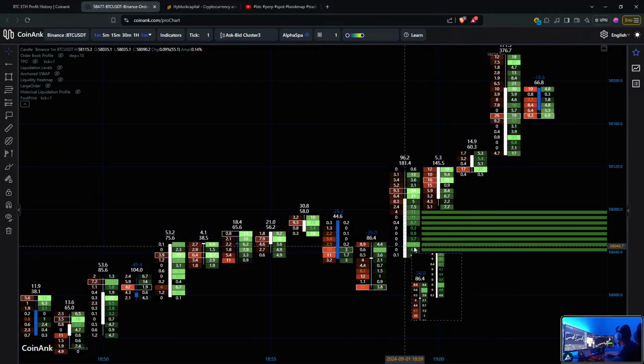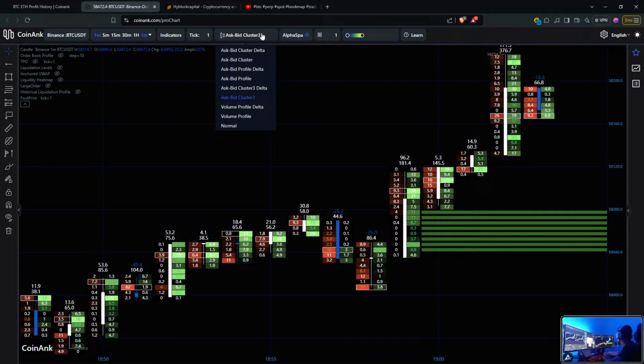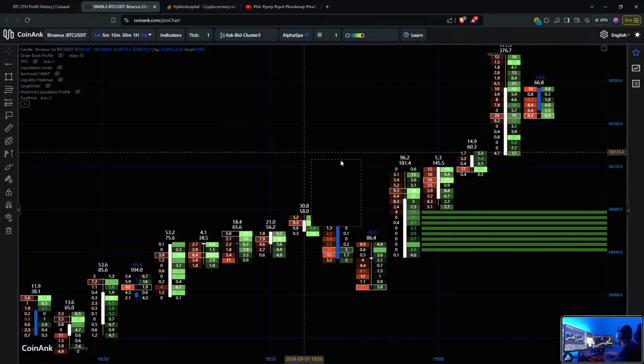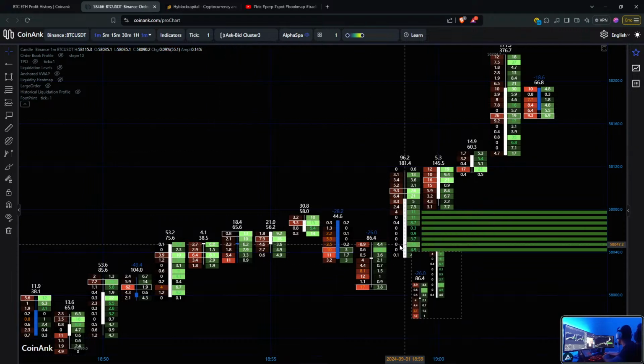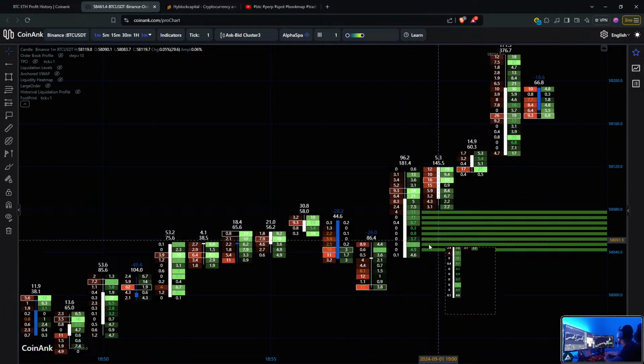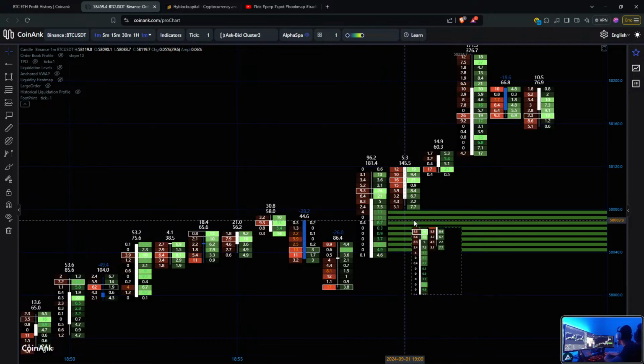So for example, here we had 16 Bitcoin. I think this is Bitcoin because it says ask BitCluster. Yeah, 16 Bitcoin being bought in comparison to 0. So it's bound to show you stacked imbalances there because the difference is just too big.